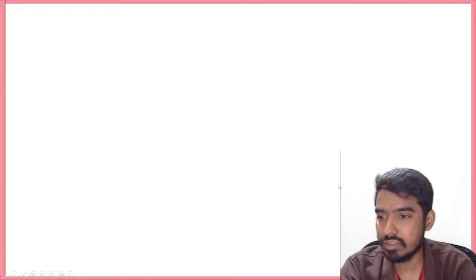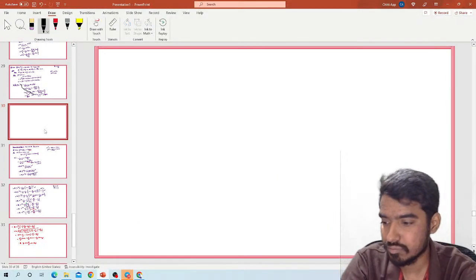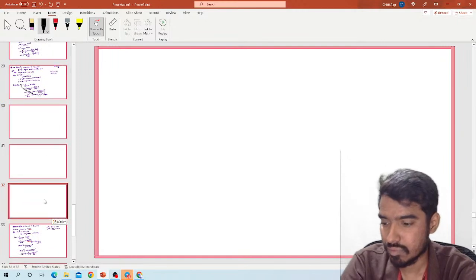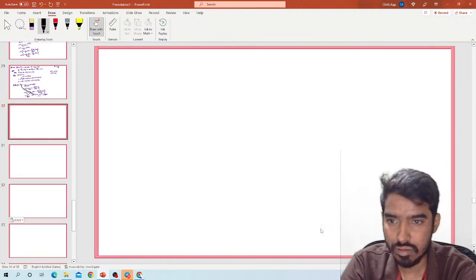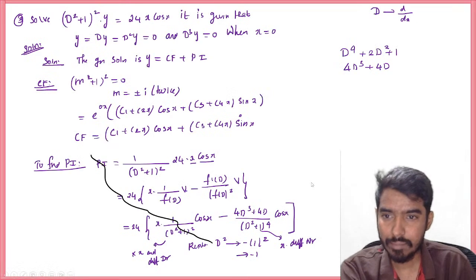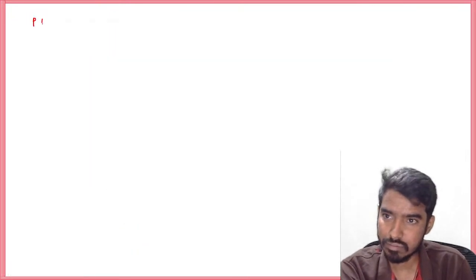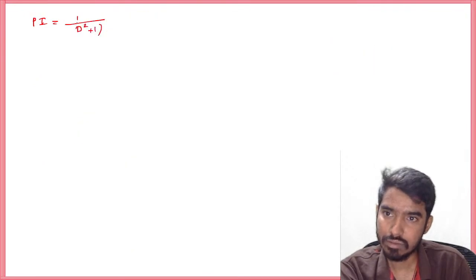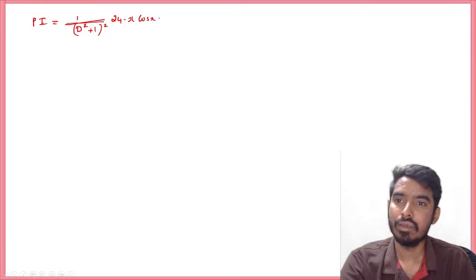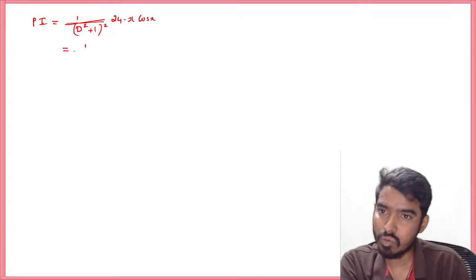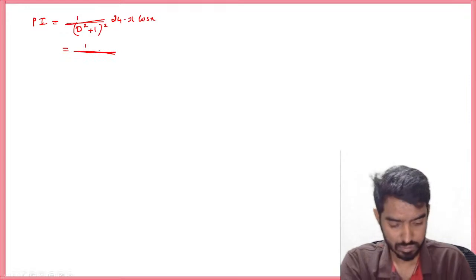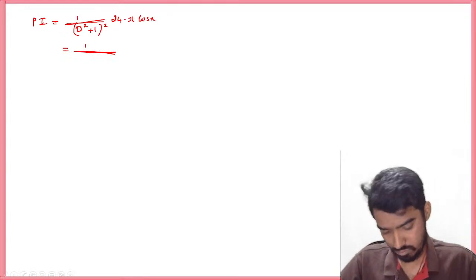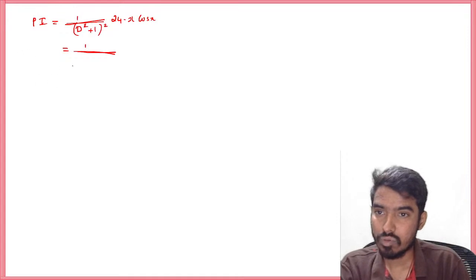So what we will do is, in finding PI, let us try to approach by this method. 1 by D square plus 1 whole square, 24 x into cos x, right?